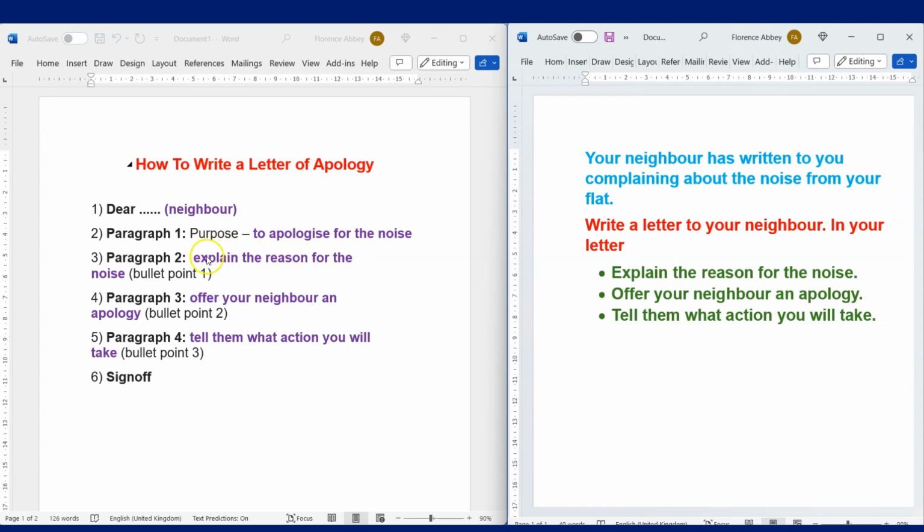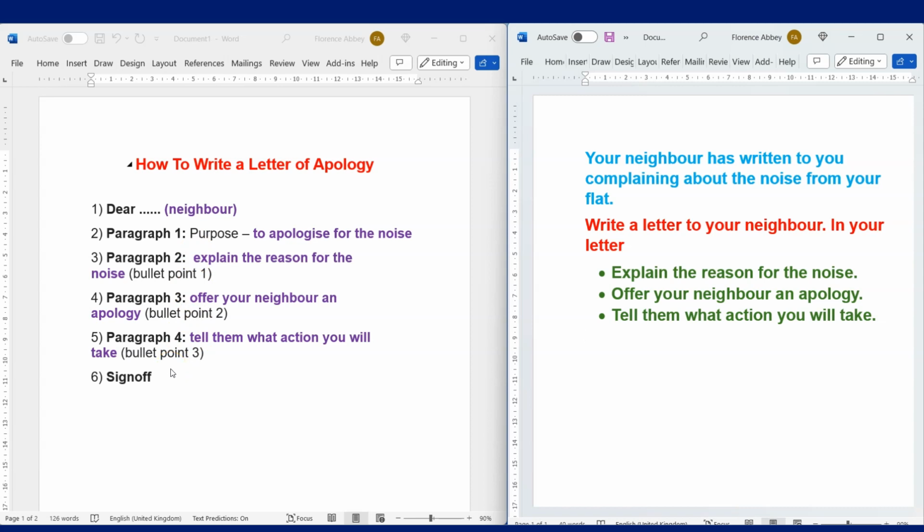And then paragraph 3 will offer the neighbor an apology, right? And then paragraph 4, we will tell them what action we have taken or we will take. So the question said, tell them the action you will take. So you should tell them the action that you will take.